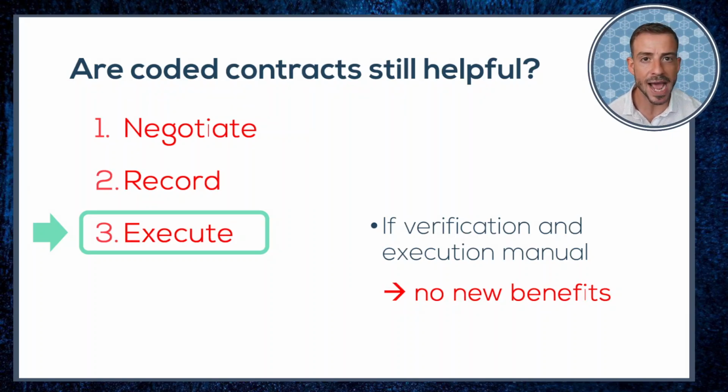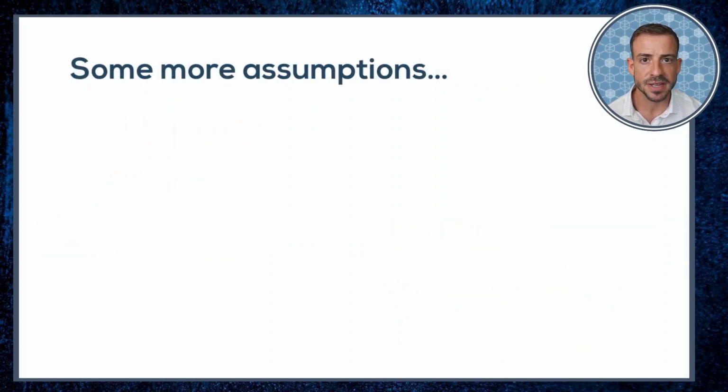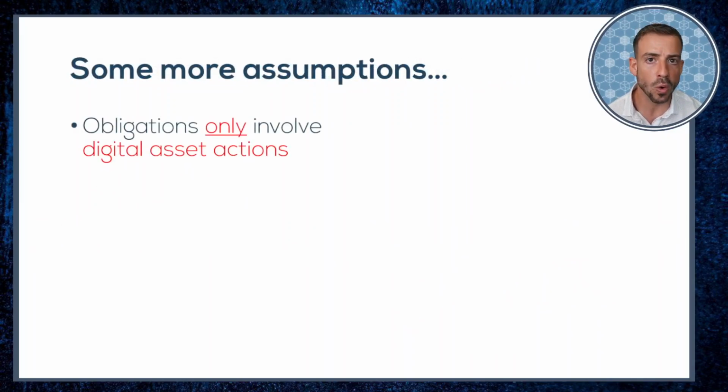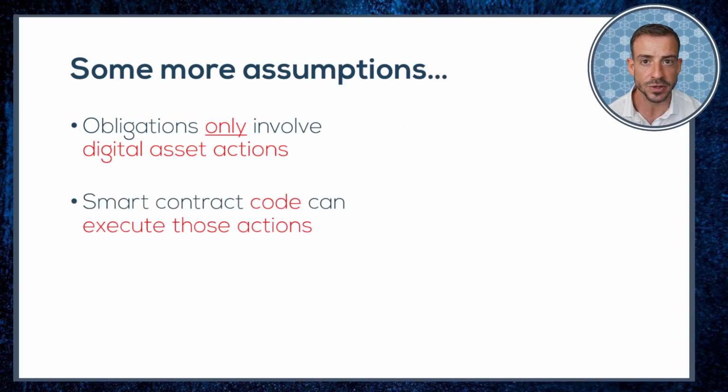But now let's look at what happens if we bring in some extra assumptions. Let's suppose that we're dealing with a smart contract where all obligations arising only concern digital asset actions, and the smart contract can execute those actions by running its code, and signing parties grant exclusive control of those assets when they enter into the agreement.